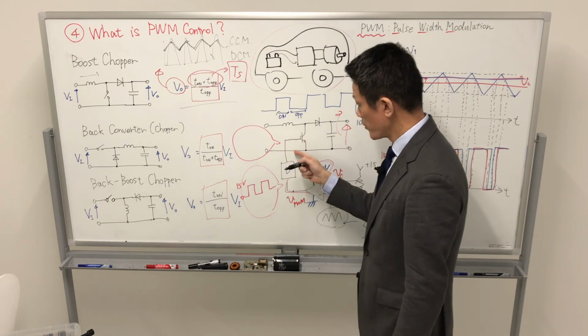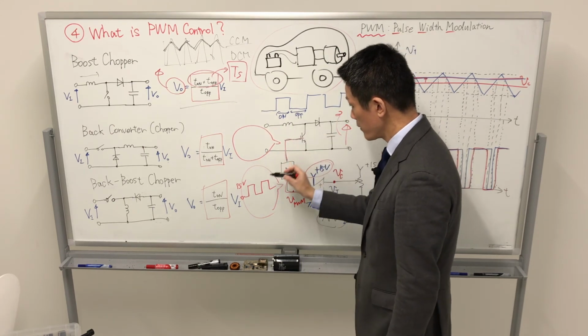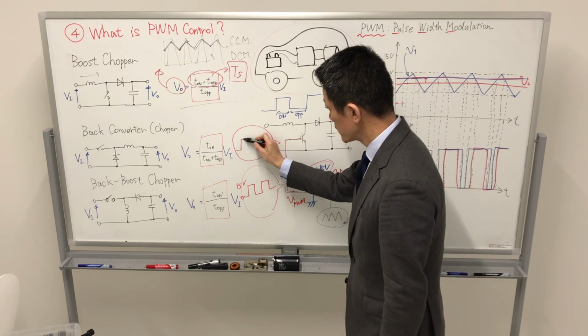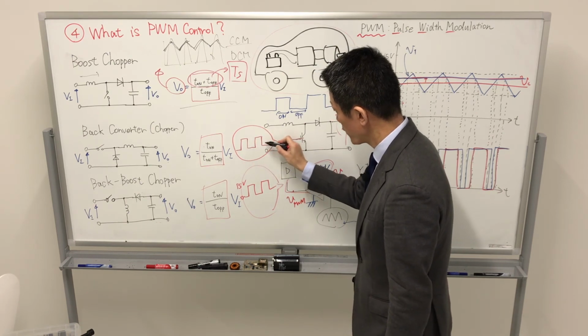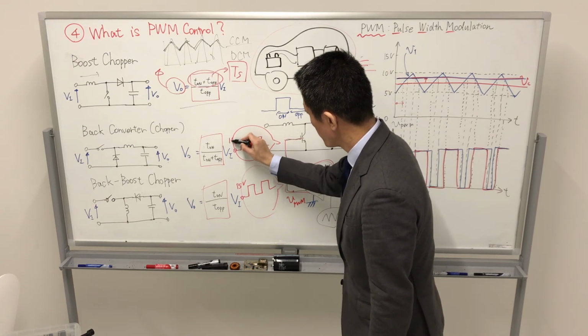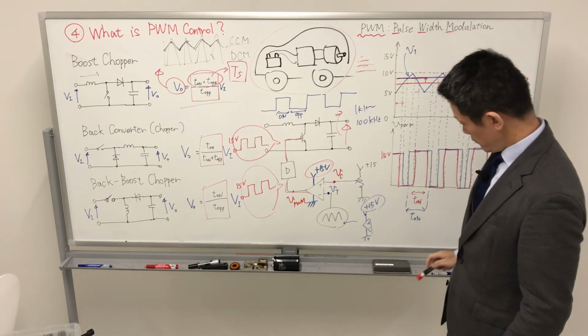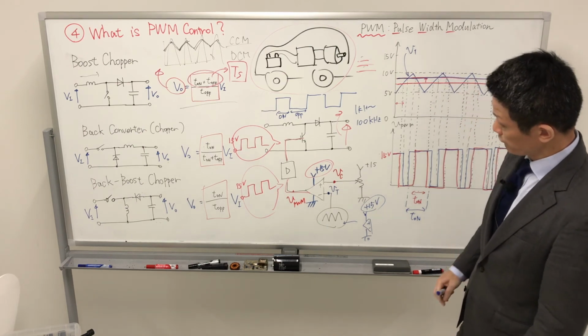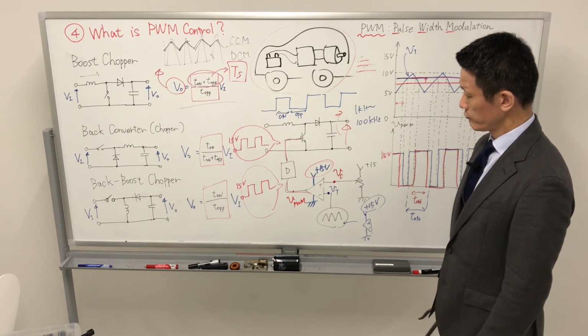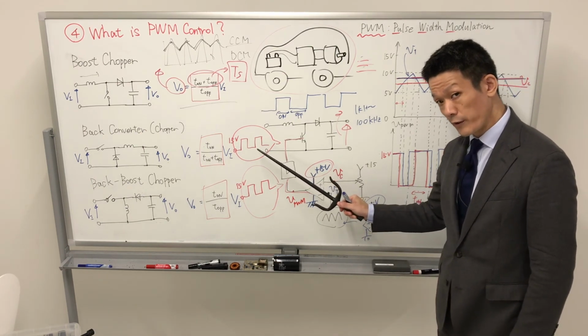What is the voltage of this line? This line is almost the same voltage, 15 volt. Almost the same voltage.